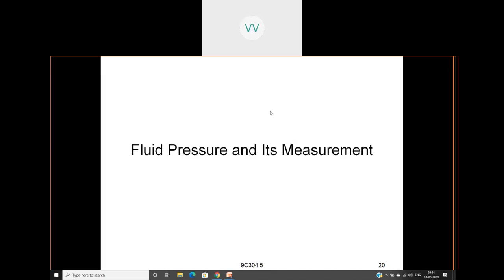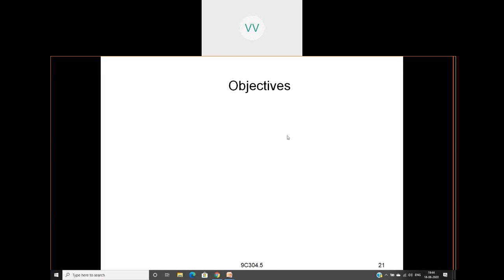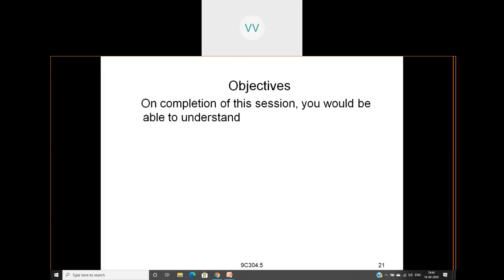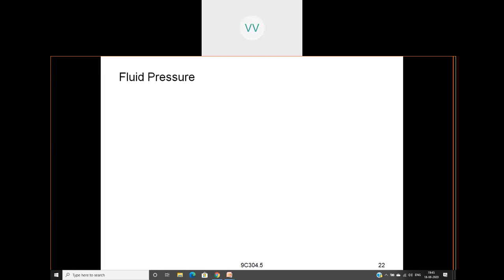The fluid pressure has to be measured. The objectives of this subject are to understand what is pressure, what is a fluid, what is atmospheric pressure, what is gauge pressure, and what is absolute pressure.